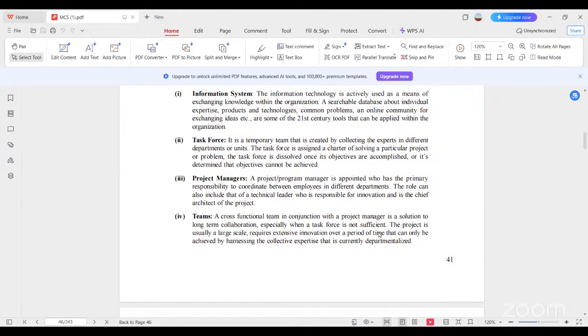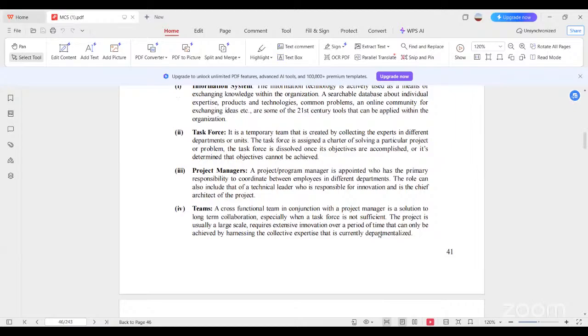Next is team. A cross-functional team in conjunction with a project manager is a solution for long-term collaboration, especially when a task force is not sufficient. So for long-term and complex projects, cross-functional teams are formed. Here, members come from different departments.